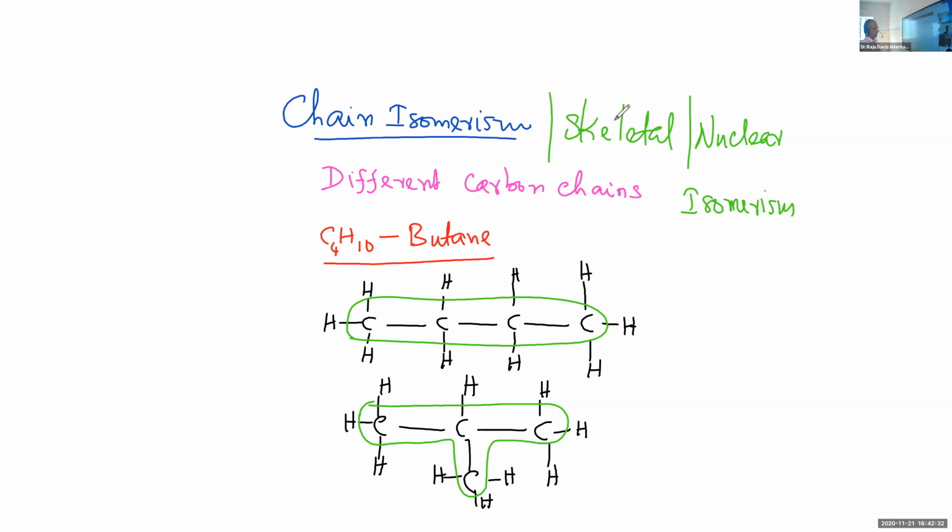These two compounds are examples of chain isomers. One is called normal butane, the other is isobutane. You don't need to bother about the names now. Leave it there. Here there is a difference in the carbon chain.